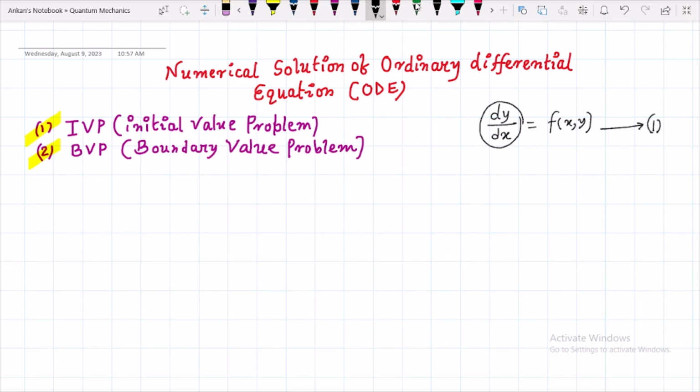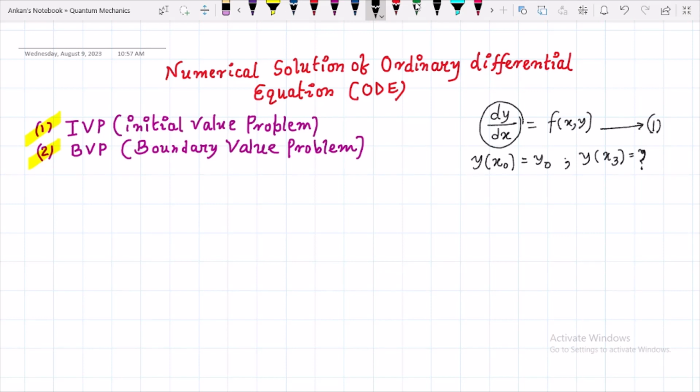Now, if at some initial point some value of y corresponding to some initial value of x is given, and you are set to solve at some other value, what is the value of y at x equal to x3?